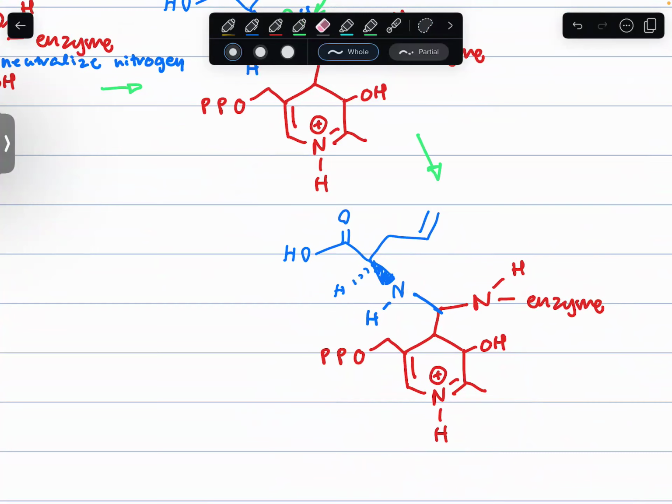So now it's neutralized. And in that same move, we're also going to put a hydrogen on our other nitrogen. And this is called tautomerization.